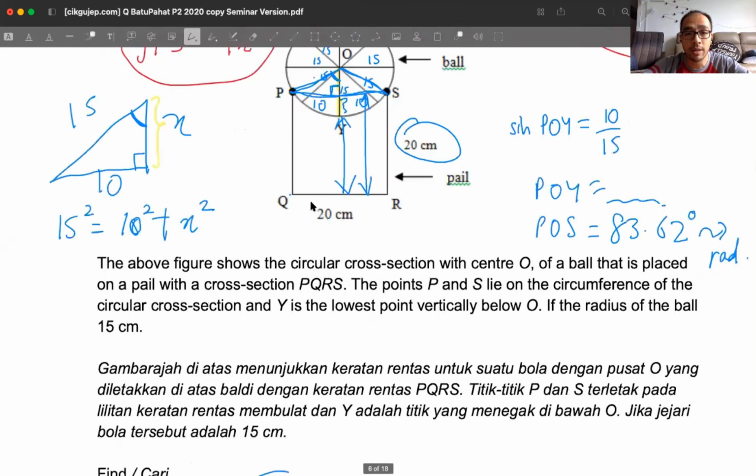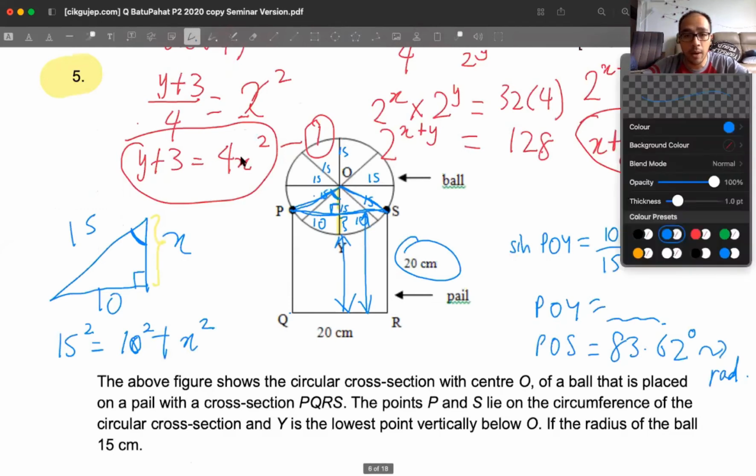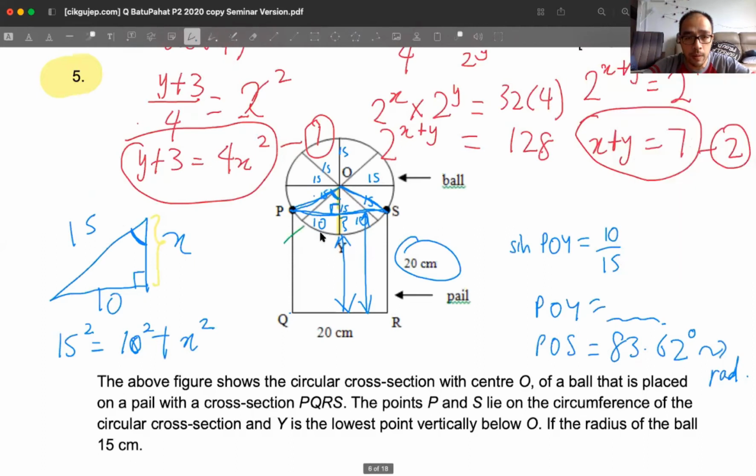So let's think about this. PYSRQ. Sorry, I need to change color here. I want to know this area. So what's the strategy?